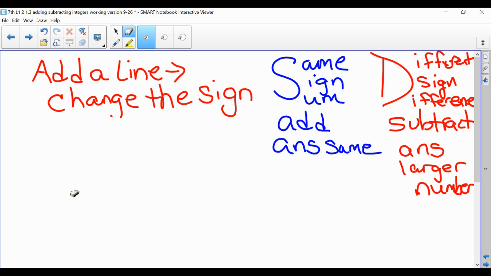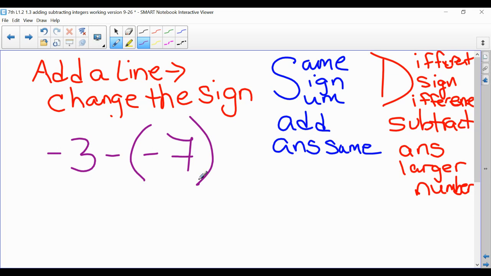And let's do another one. So we have -3 minus -7. Go to the middle, add a line, change the sign. Our new math problem is now -3 plus 7.